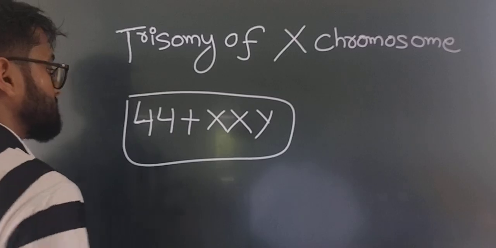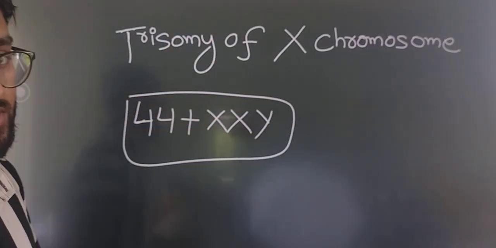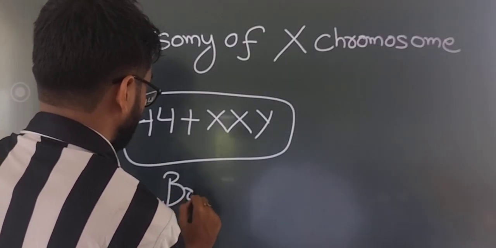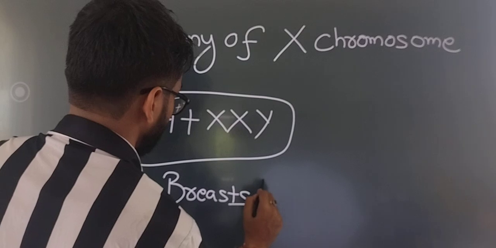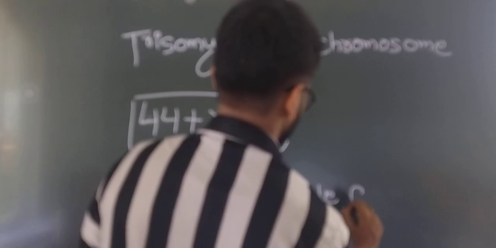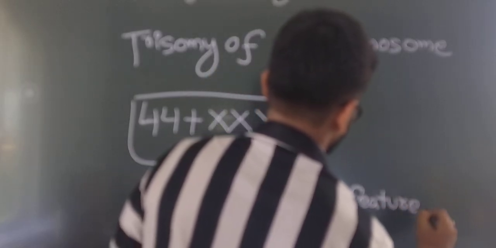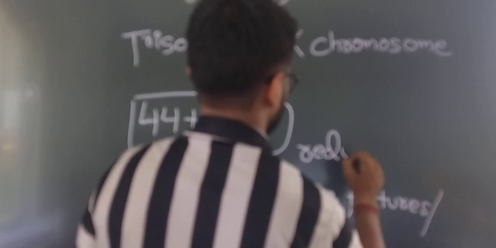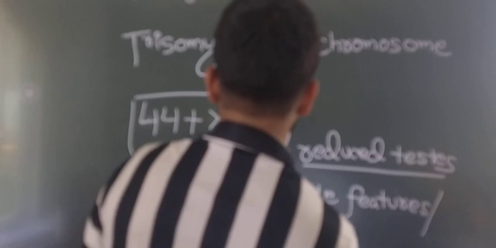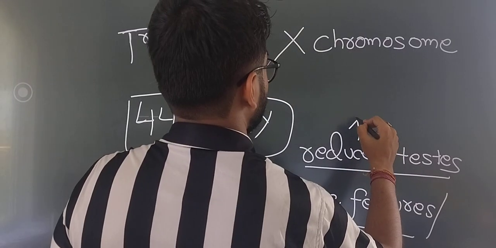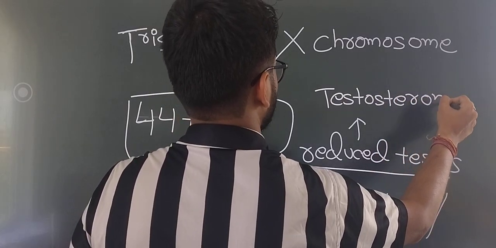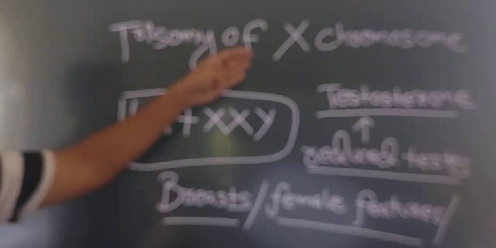This is the representation of your Klinefelter syndrome. So it happens in case of males, where we can see enlarged breasts, female features, reduced testes, and reduced testosterone as well. All these are associated with your Klinefelter syndrome.